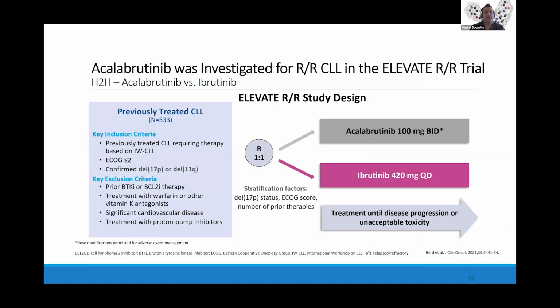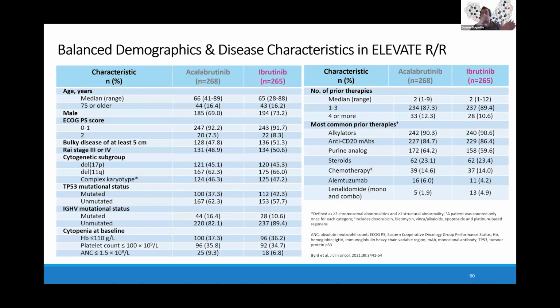If we look at the head-to-head, acalabrutinib 100 milligrams twice daily against ibrutinib 420 once daily for relapsed refractory CLL. It doesn't matter that it was only in relapse. If you're going to use a BTKi, the difference between acalabrutinib and ibrutinib is the part we are more interested in.